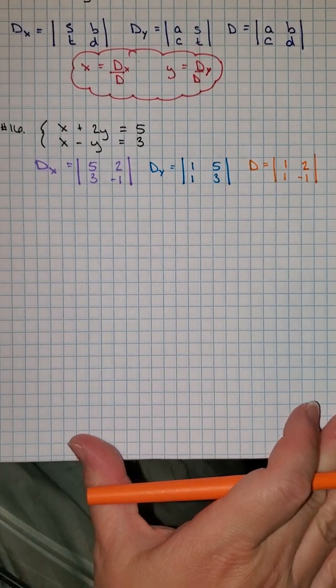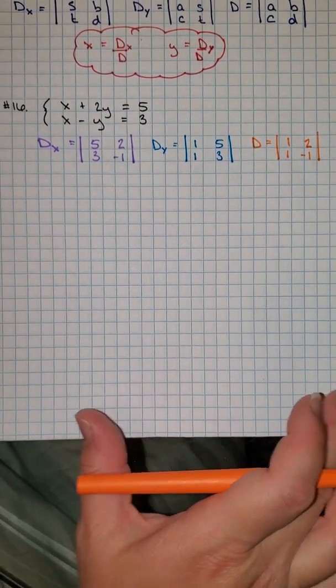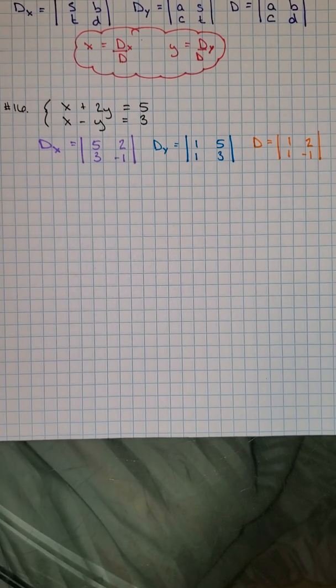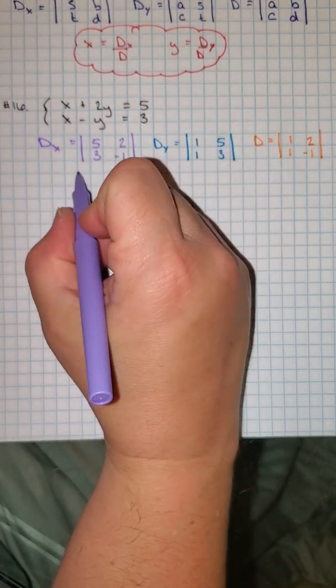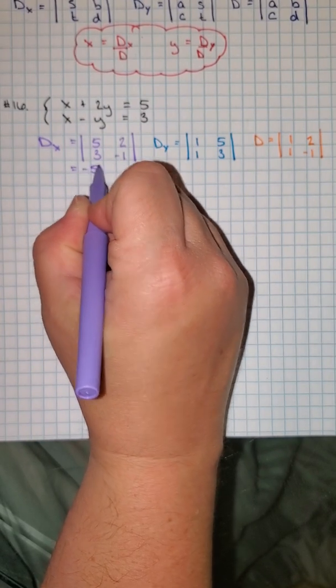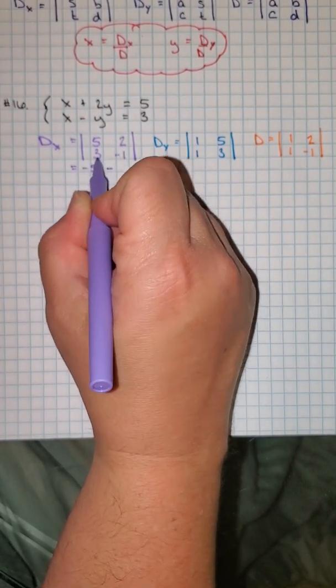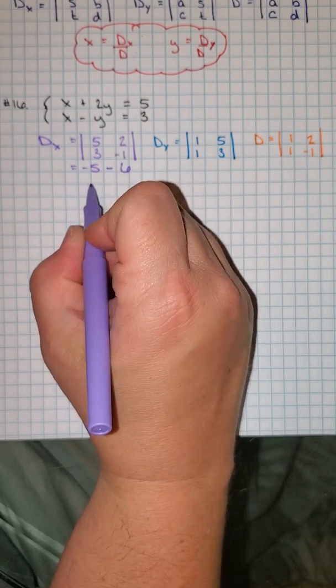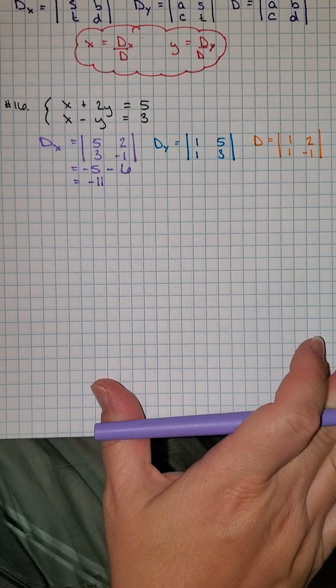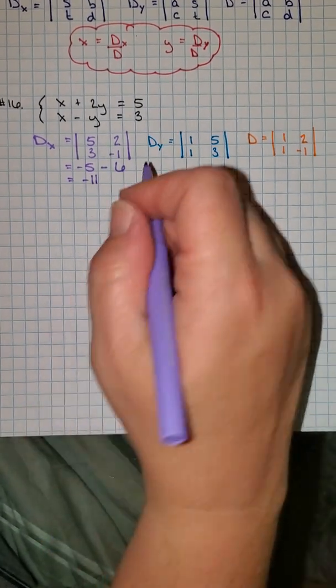Alright, so I'm going to evaluate each of these to find my d sub x, d sub y, and d. For d sub x, going this way first, we have 5 times negative 1, which is negative 5, minus 2 times 3, which is 6. So d sub x equals negative 11. 2 by 2s are way easier to do than the 3 by 3s.